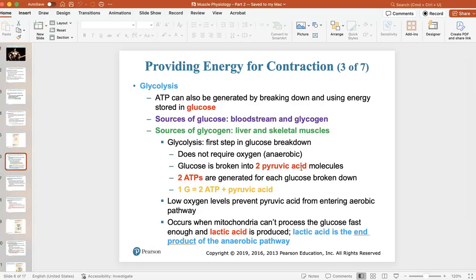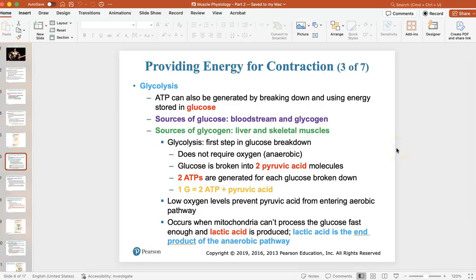I know that's very scientific, but the point is that at this point in whatever movement we're engaging in, the demand for ATP is great. It's a high demand, but this all is happening so fast that, again, the body doesn't have enough time to utilize oxygen in the chemical production of ATP.